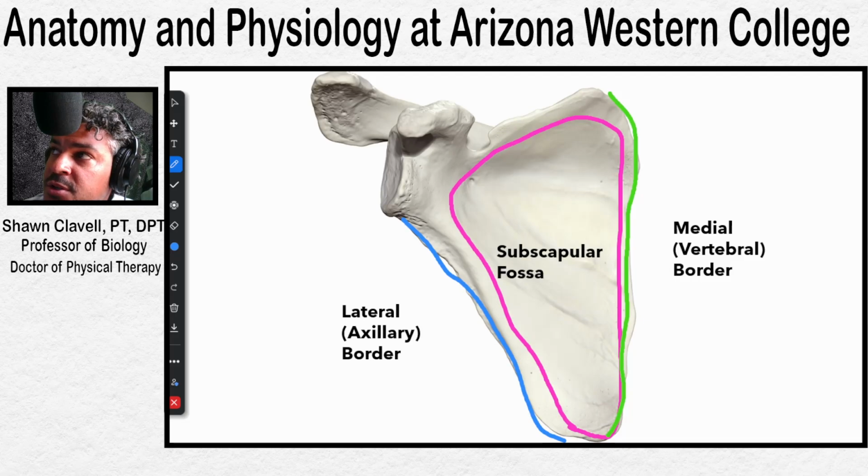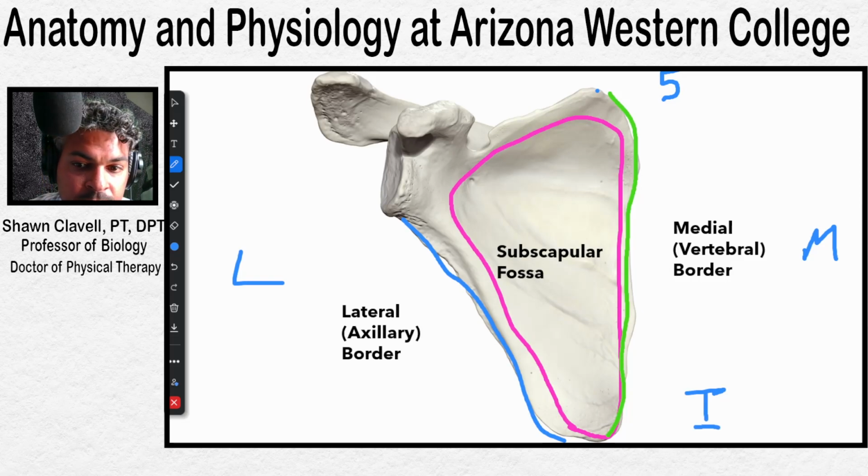As well, there are two angles associated with this shoulder blade bone. So you have the inferior angle. So again, we've identified a couple of features here. There's medial, there's lateral, there's superior, and inferior here. So we have the inferior angle.